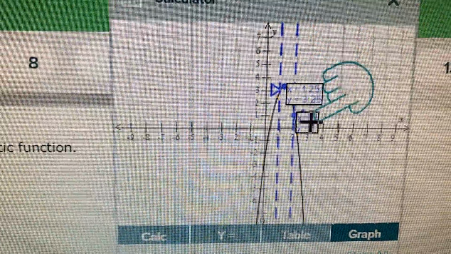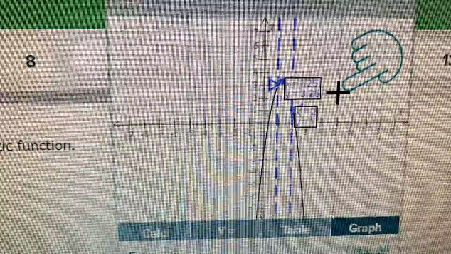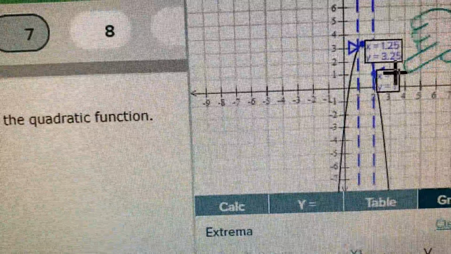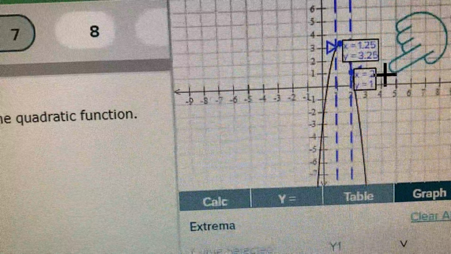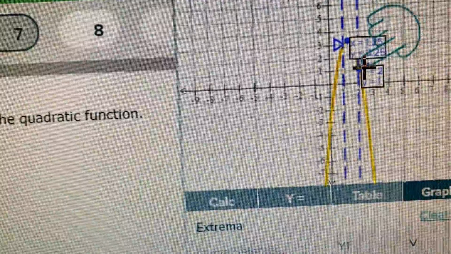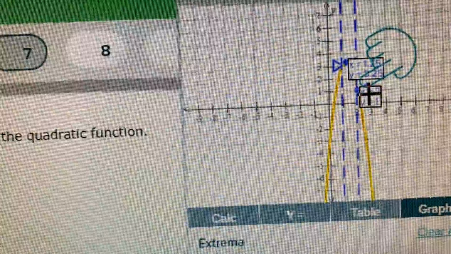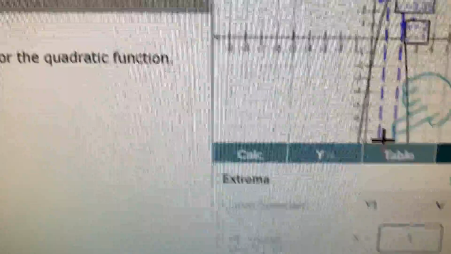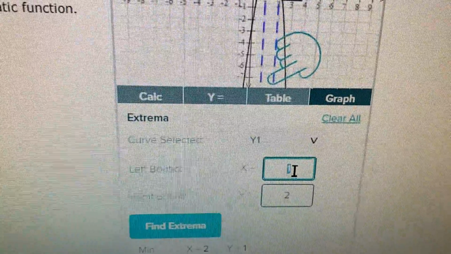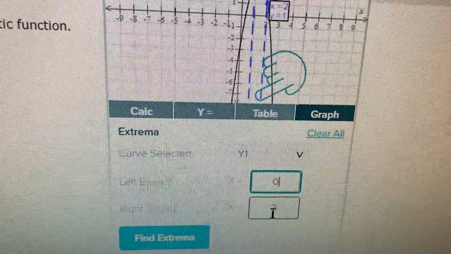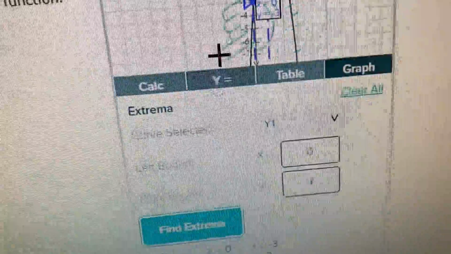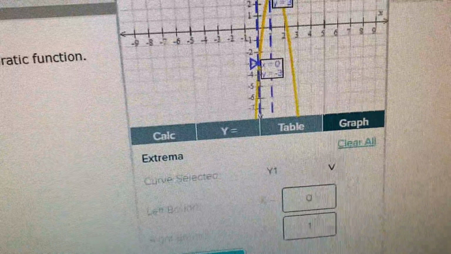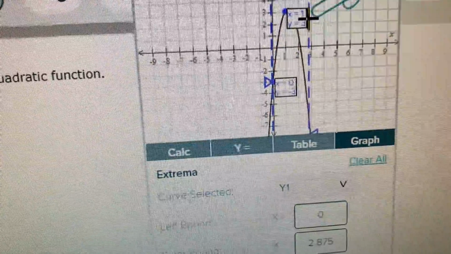So see, it gives you the 1.25 and the 3.25. I'm not real sure what that point is right there. Let's see what it said when we did 0, 1. See, that's off because it moved over here. That's not quite at the vertex.